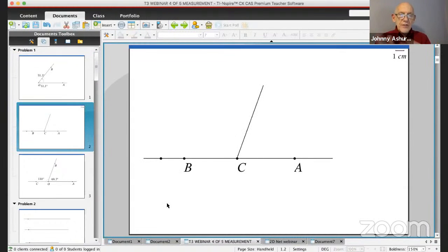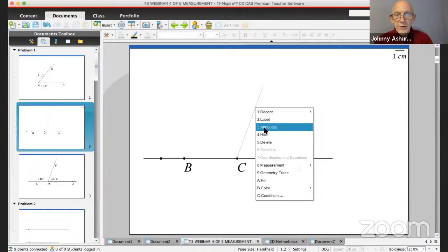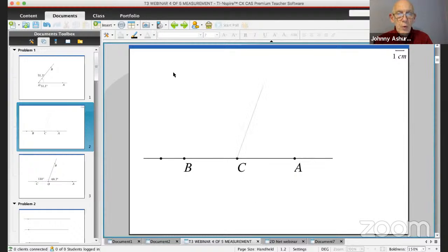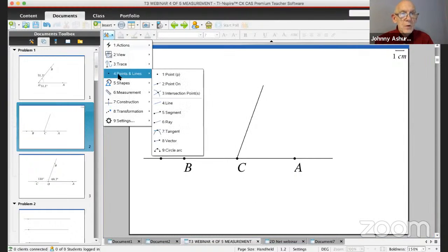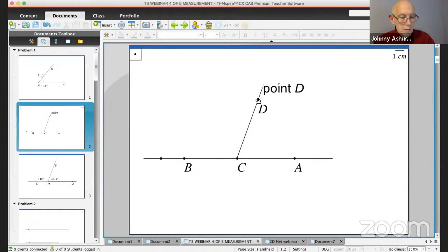And this ray C, and let's call that, we need a point there, and that's CD. So CD has broken the AB line into two angles.